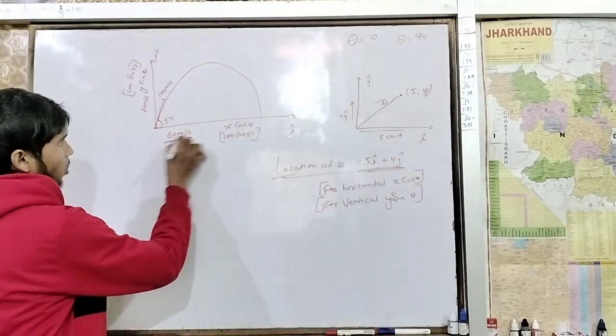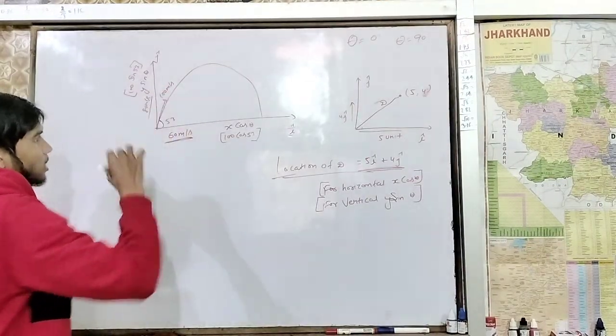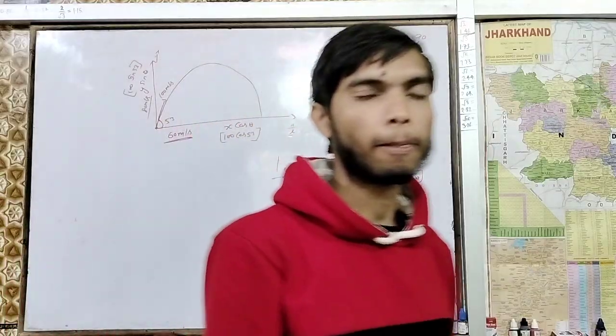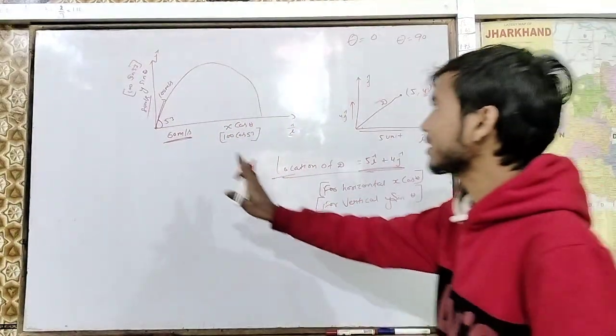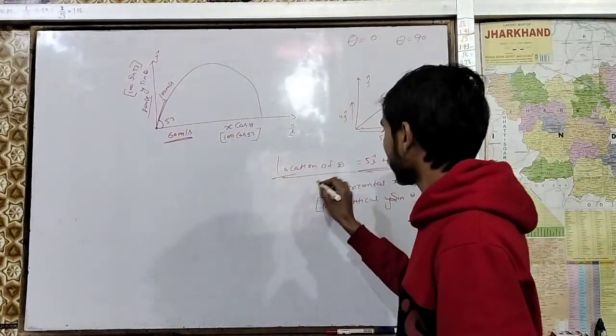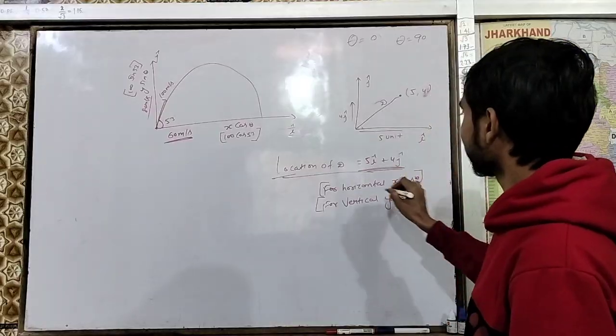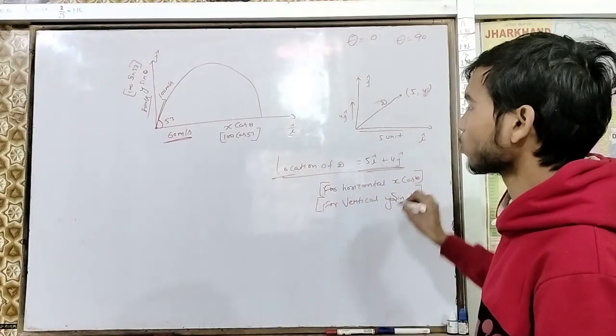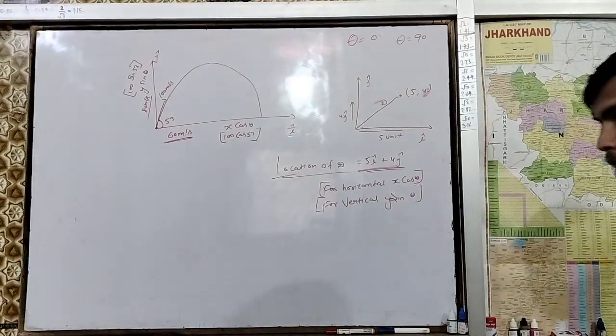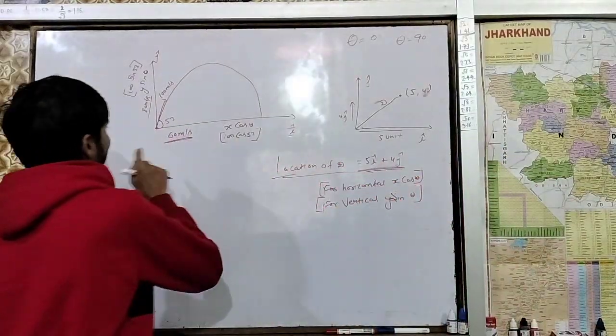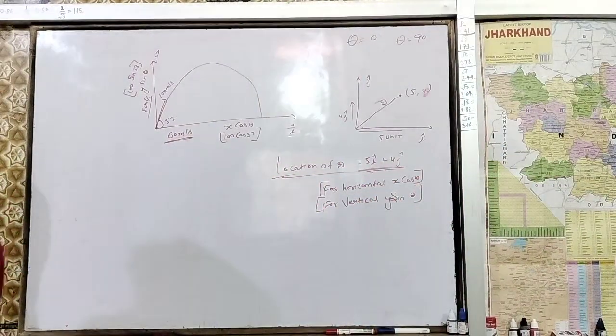Did you understand how this thing came? How this 80 meter per second came? Yes, these two things came from these two. Now try to understand the meaning of this 60 meter per second and 80 meter per second.